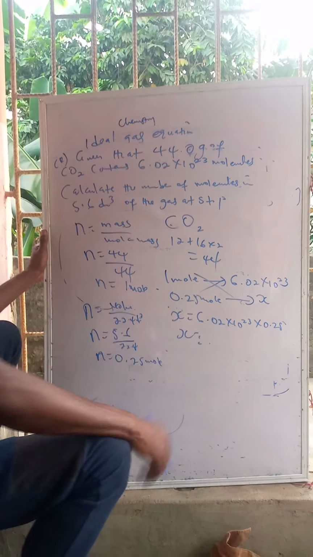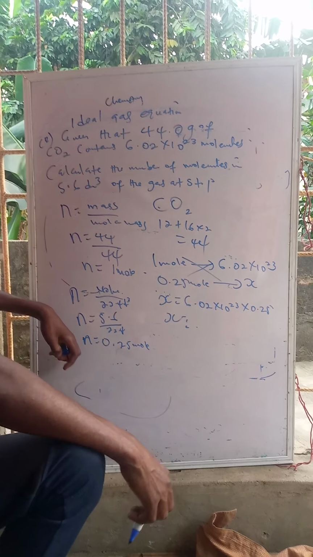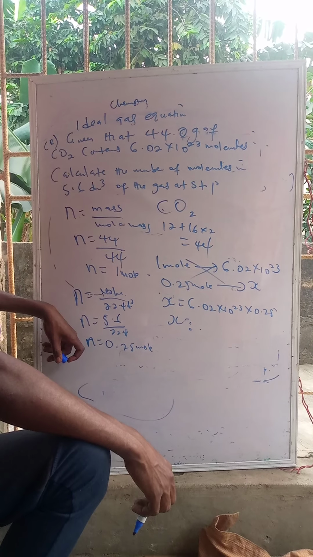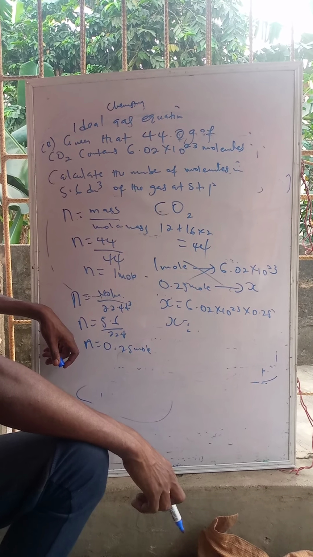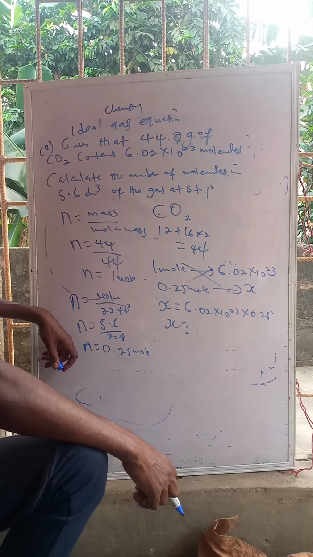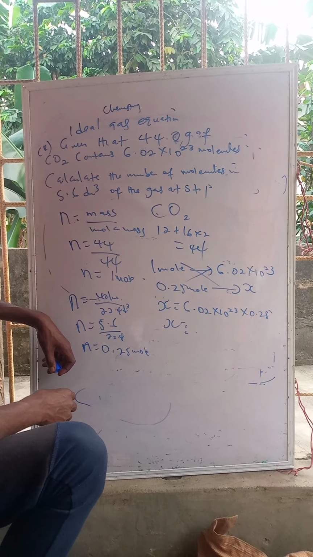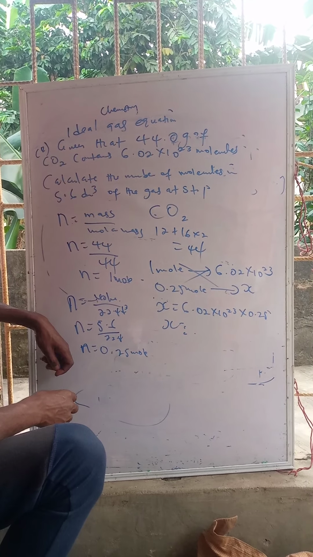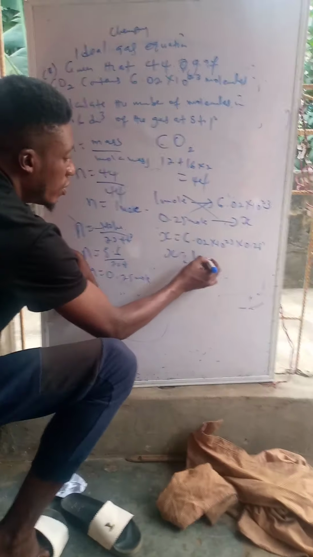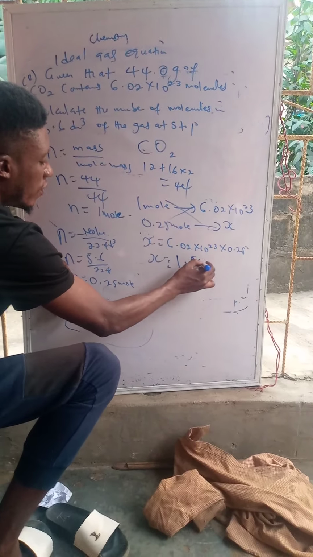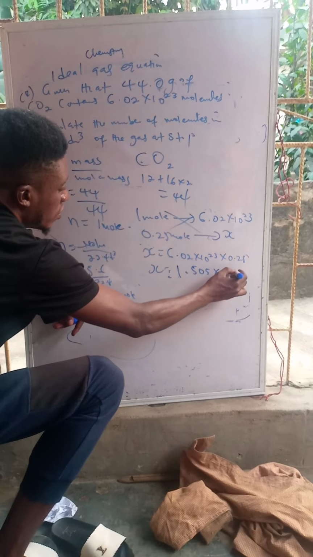X is equal to 1.505 times 10 raised to the power 23.